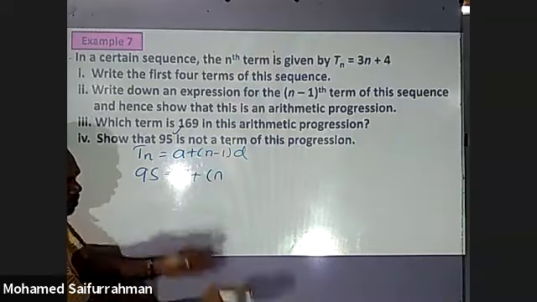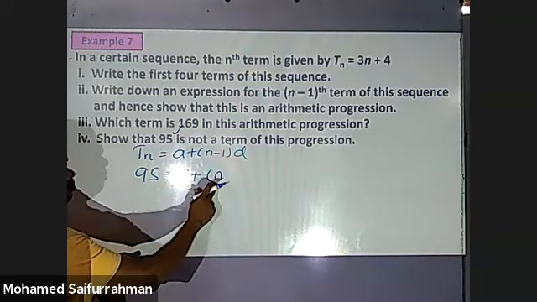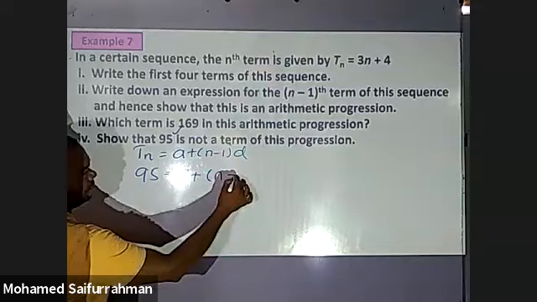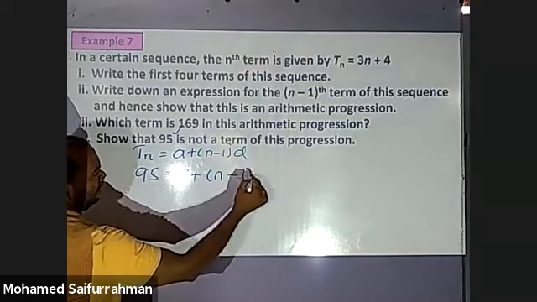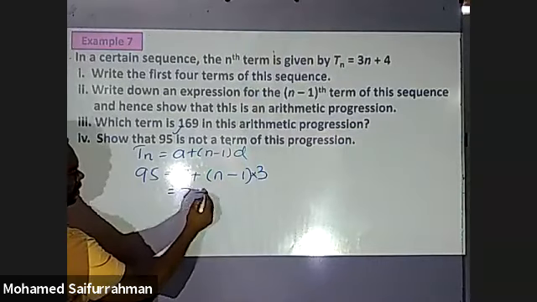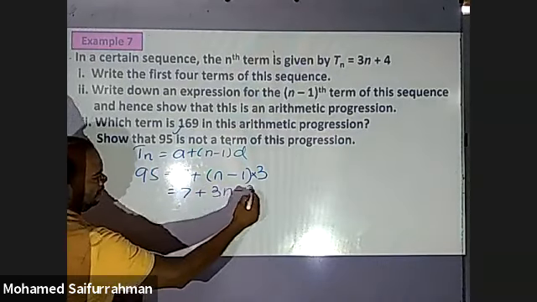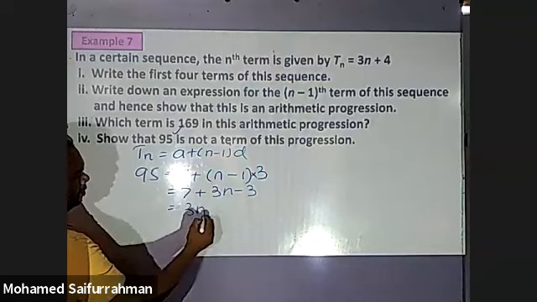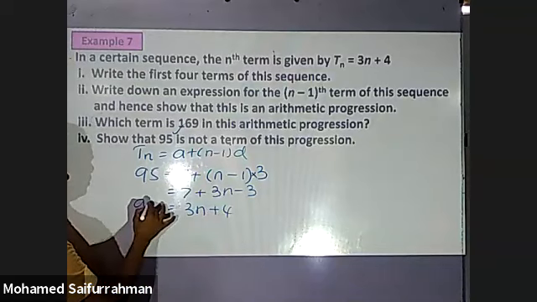If 95 is a term, let's find out the number. Which term is it? D is 3. 7 plus 3n minus 3, 3n plus 4.